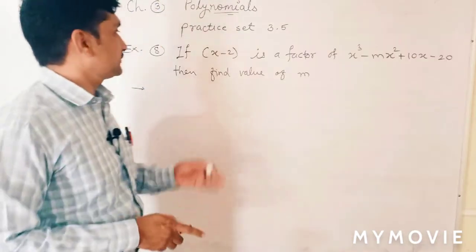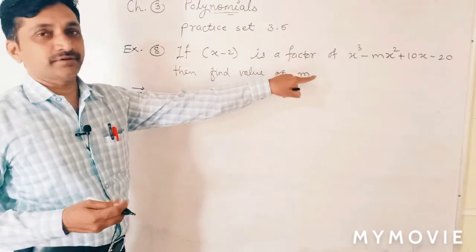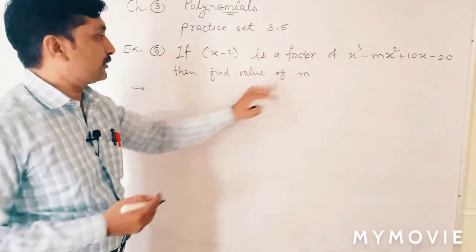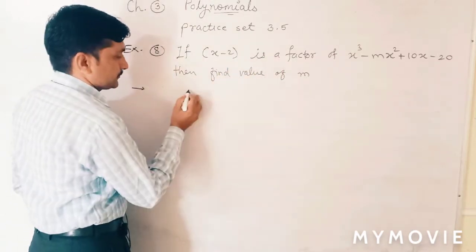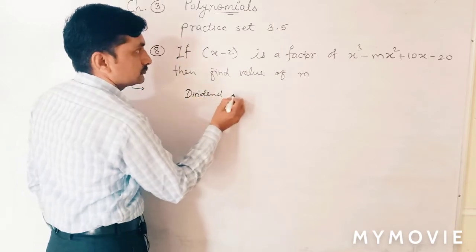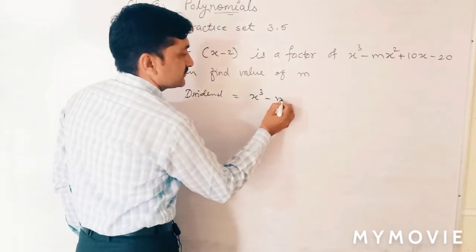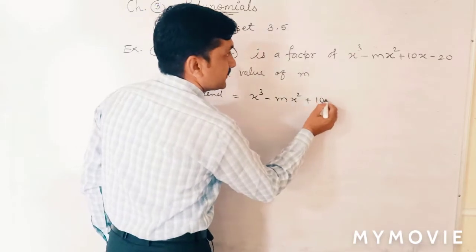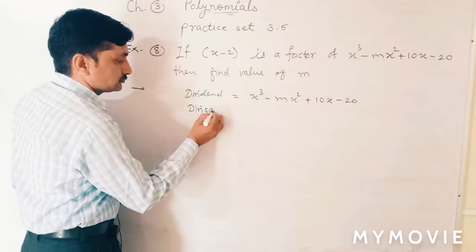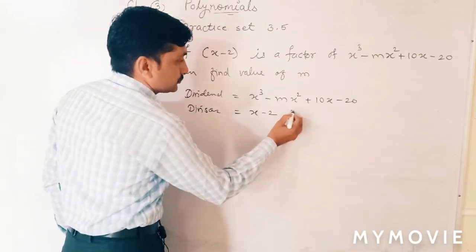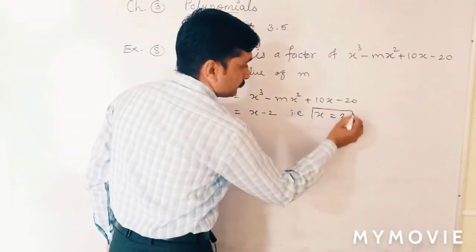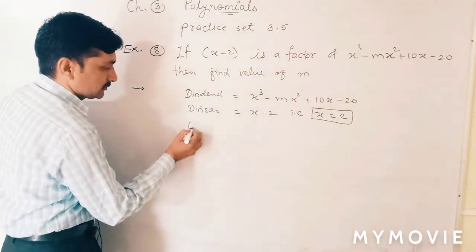Example number 8. If x minus 2 is a factor, it is given that this is a factor, meaning the remainder is 0. Find the value of m. Solution. Dividend is x cube minus mx square plus 10x minus 20. Divisor is x minus 2, that is the value of x is the opposite of minus 2, which is plus 2. We have to put this value in the polynomial.